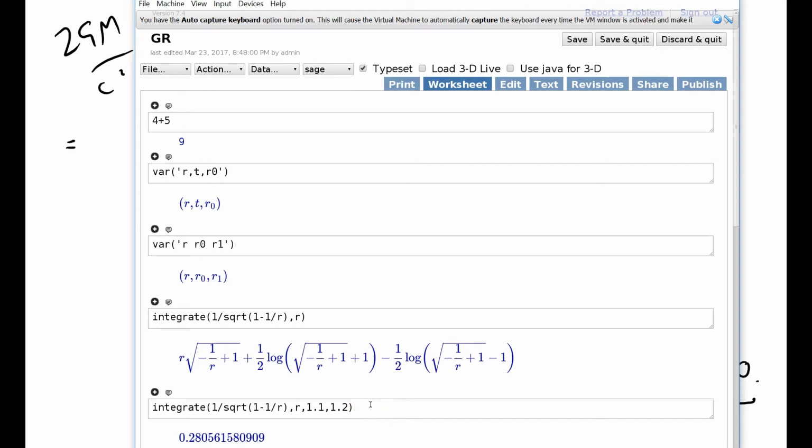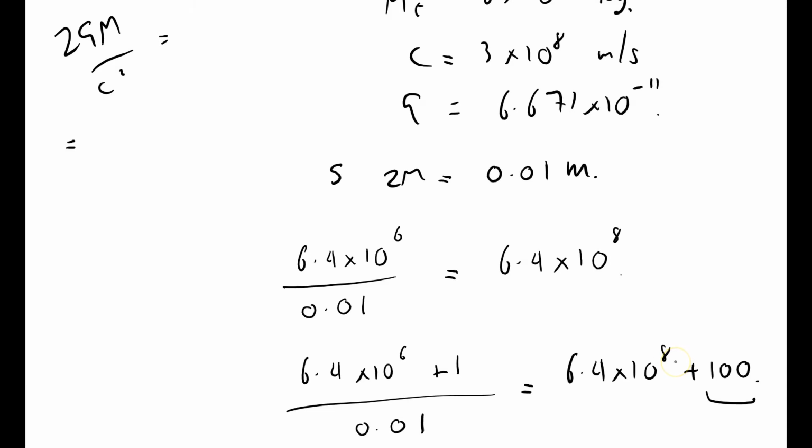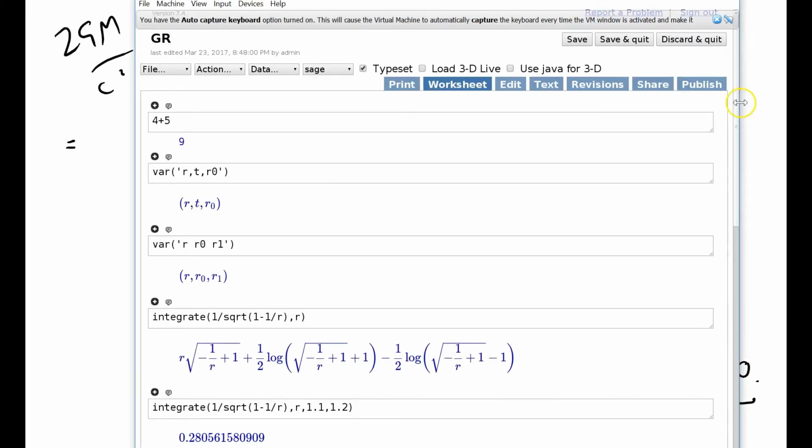And of course, I can't remember what the values are now. 6.4 times 10 to the 8. Right, let's give that a go. Where is it? Here it is. Oh no, it's this one. So I'm just going to replace those: 6.4 times 10 to the power 8 plus 100.